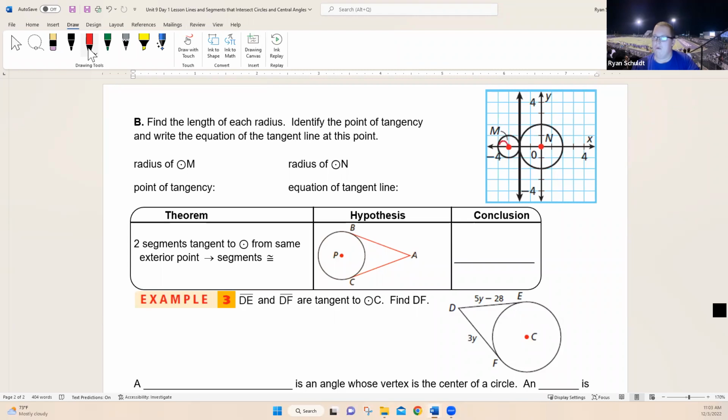So we go 1 over. So our radius is 1 unit. Then they ask for the radius of circle N. So we go to circle N, 1, 2. It's going to be 2 units.